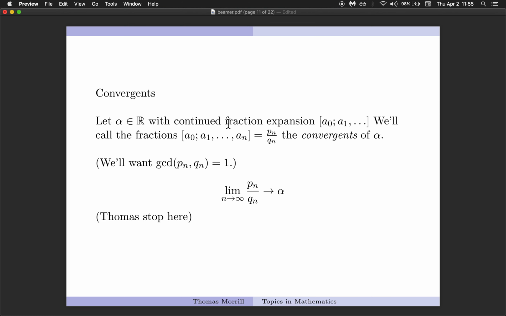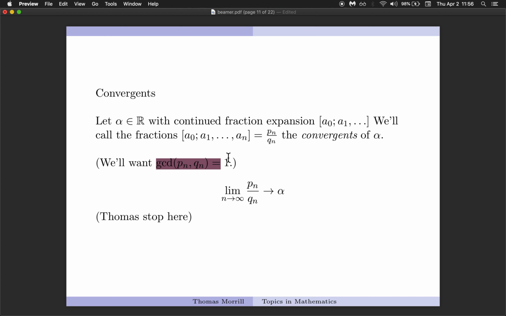Since this is some fraction, it has a numerator, I'll call Pn, and a denominator, Qn. So n here is telling me how many times I used the continued fraction algorithm, and at the end of that, I get some fraction. I want this in lowest terms, so my p and my q are relatively prime.